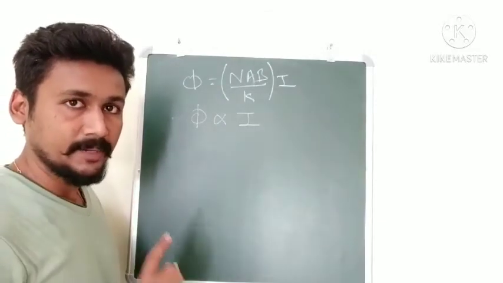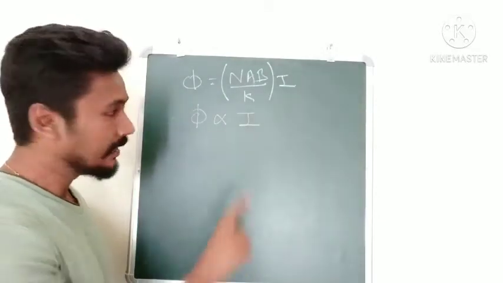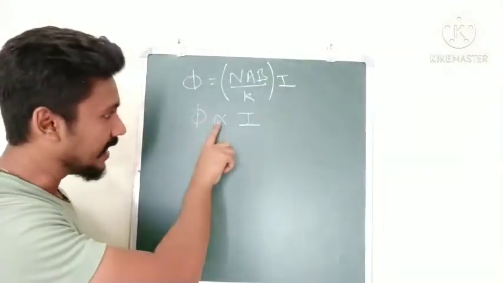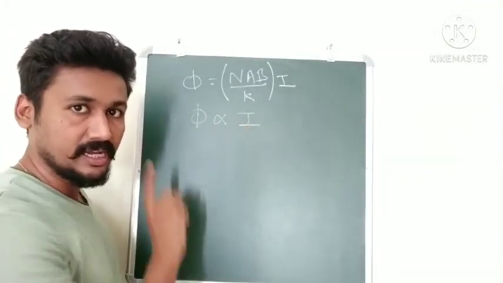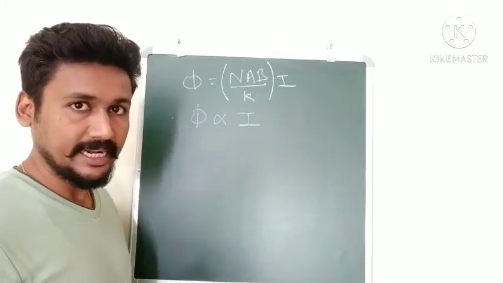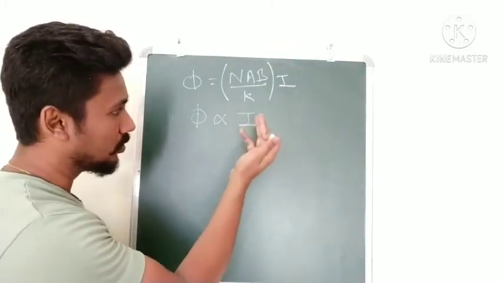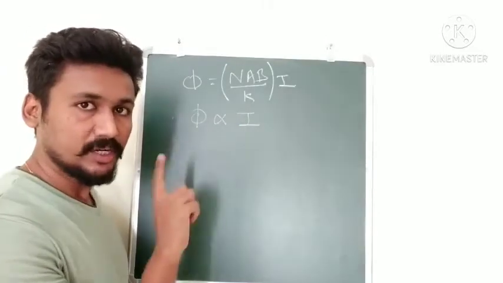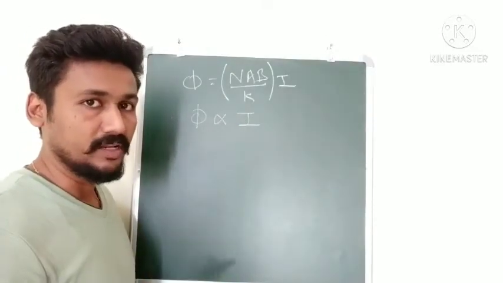In a moving coil galvanometer, the angle of twist is directly proportional to the amount of current. This is the principle of the galvanometer. Getting the idea? Depending on the amount of current, we will get the angle of twist. More the current, more will be the angle of twist. Okay, so that was the principle of the galvanometer.